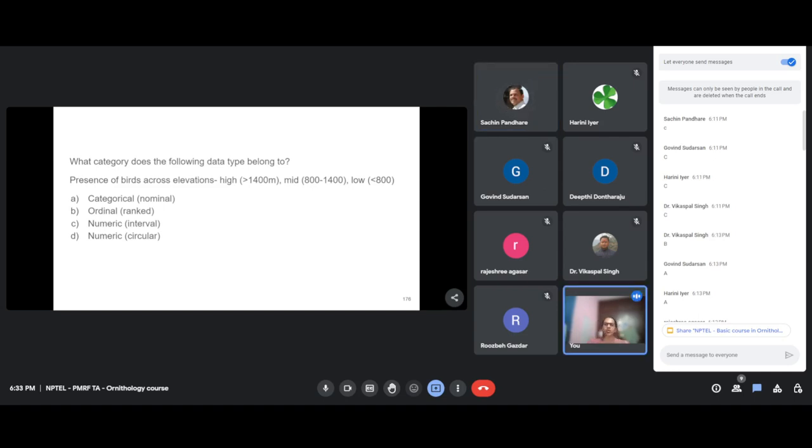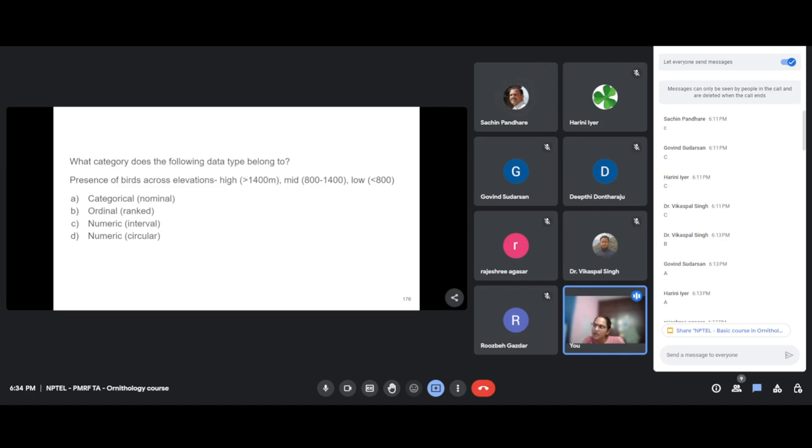You're measuring the elevation. So if I go out and I'm observing a bird, then I look at my GPS coordinates, and I'm seeing a column that says elevation, and I see that it belongs to 1500 meters. So I write in my data sheet 1500 meters and high.